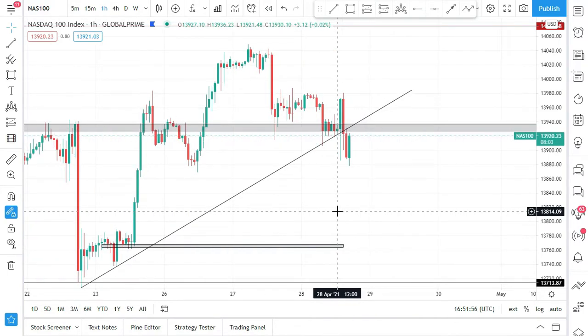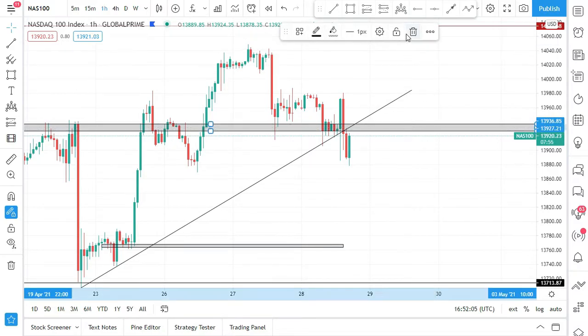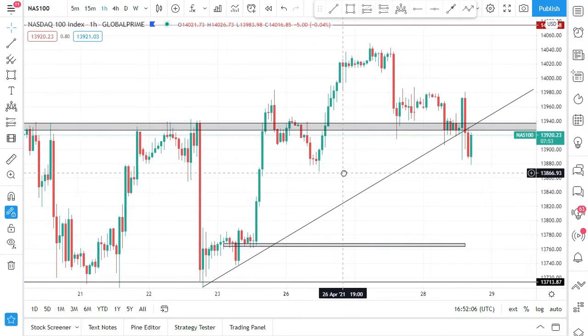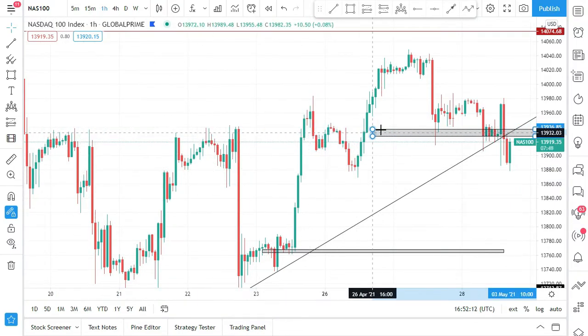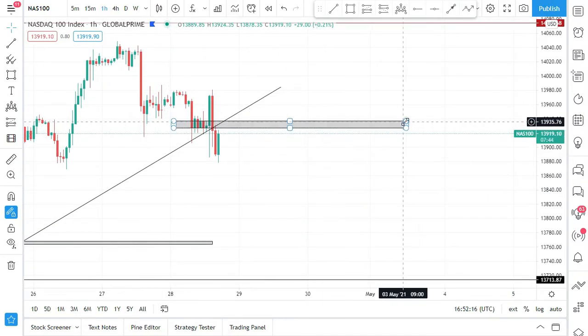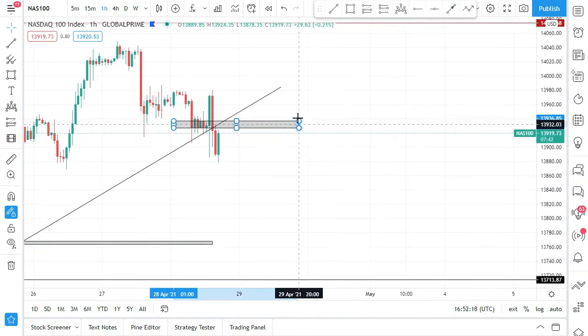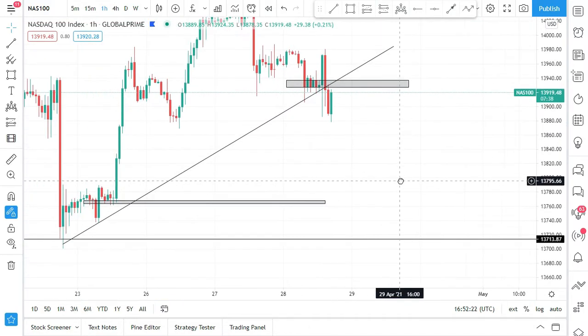Okay, on the 4 hour time frame, you can see that the market broke out, then it continued to go down. It's just coming back for a retest. Okay, so now we can actually minimize this resistance area. Okay, now we have this resistance.